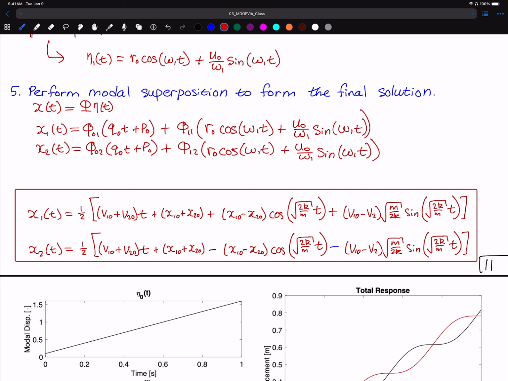And with that written out, you can plug everything we know in here, and you'll get the following solutions in the box down below. That's already included in your notes here. You end up with this solution shown down here.